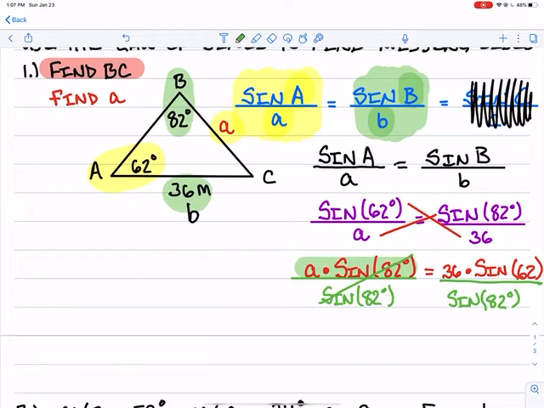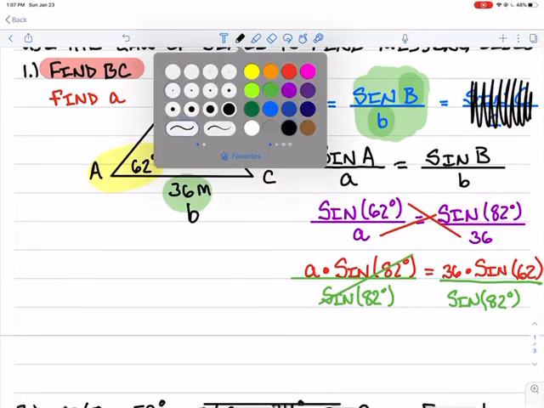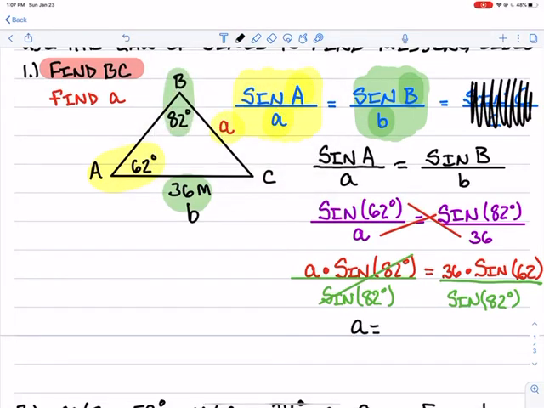And that'll cancel out here. So in the end, A will equal 36 times the sine of 62, divided by the sine of 82.